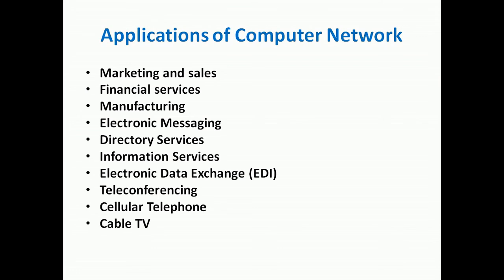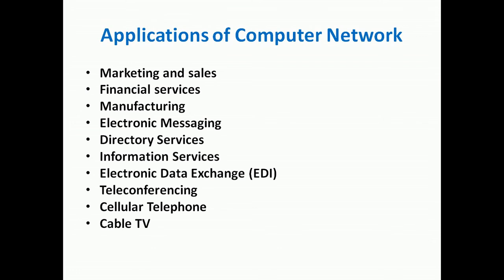Next is financial services. In financial services, in banking, computer network can be used. In manufacturing sector, electronic messaging such as email, directory services, in client server architectures. Next is information service. For information sharing, computer network can be used. Electronic data exchange, in EDIs, computer network can be used.